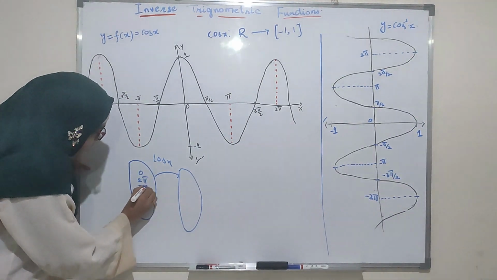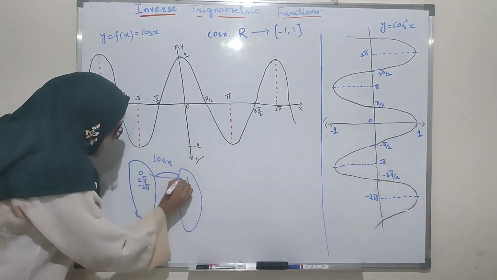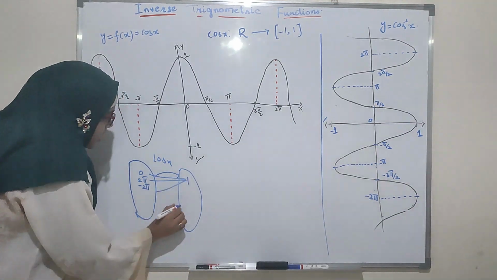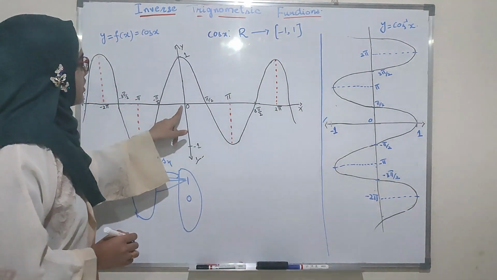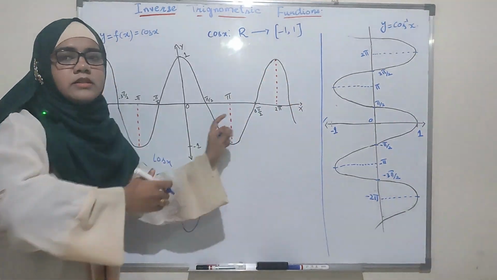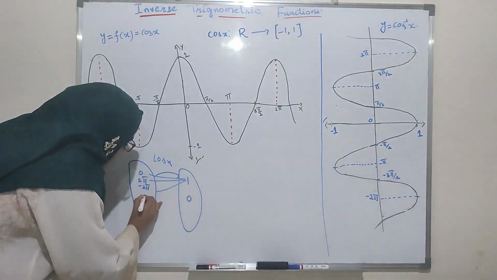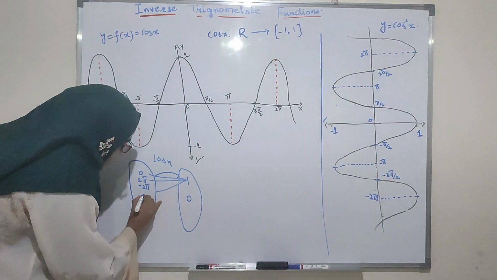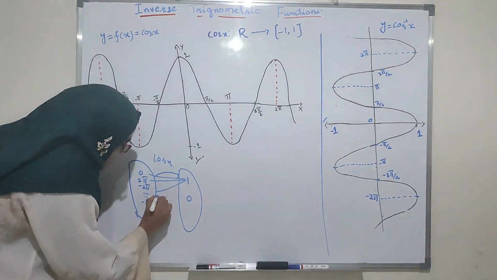We have the value 1, like this. And for 0, you can see 0 is on pi, -pi, and it continues like this. So for 0 also we have two values on the x-axis, pi and -pi.